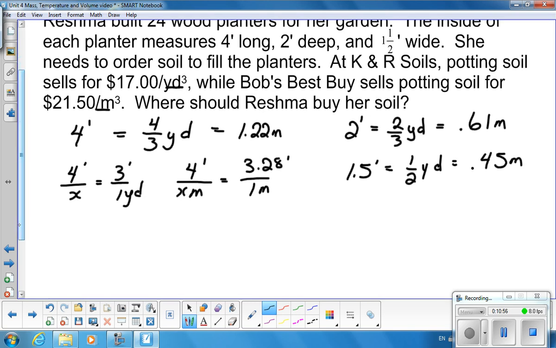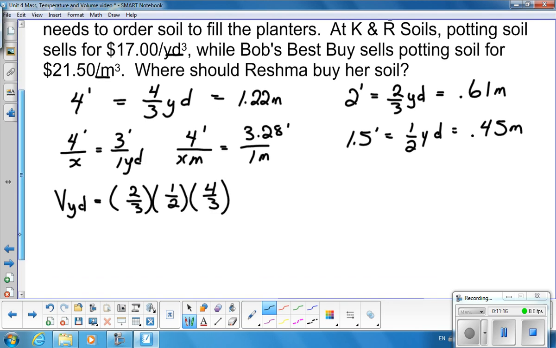All right, let's figure out the volume in yards first. So the volume in yards is 2/3, or 0.67, times 1/2, or 0.5, times 4/3, or 1.3. So I'm going to write them out as decimals for you.